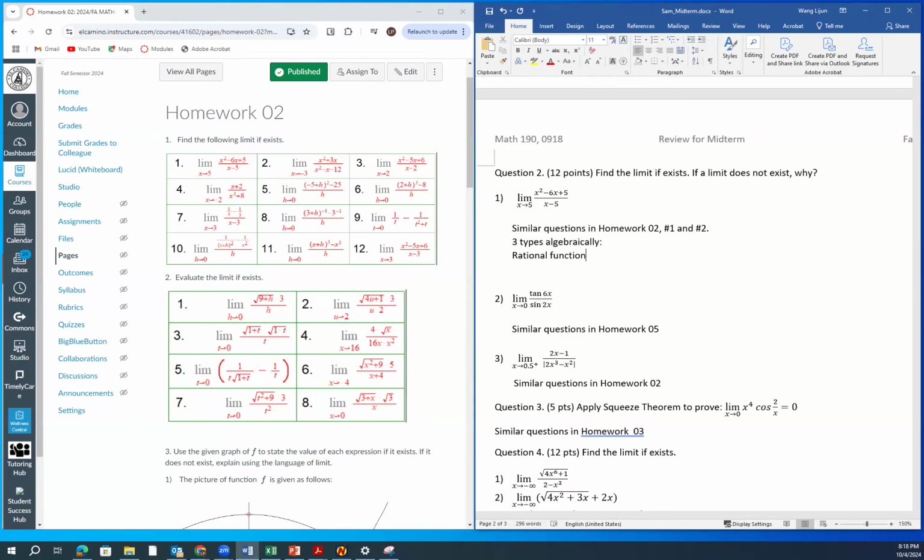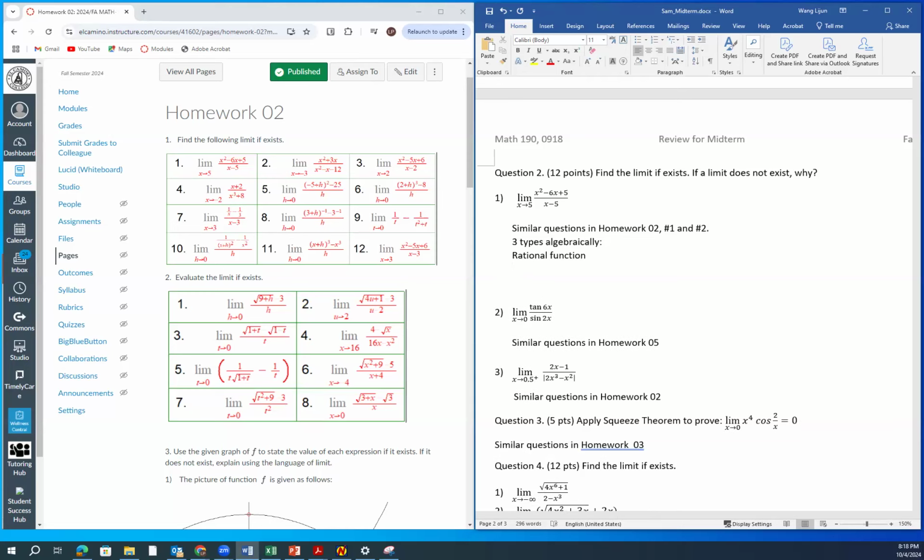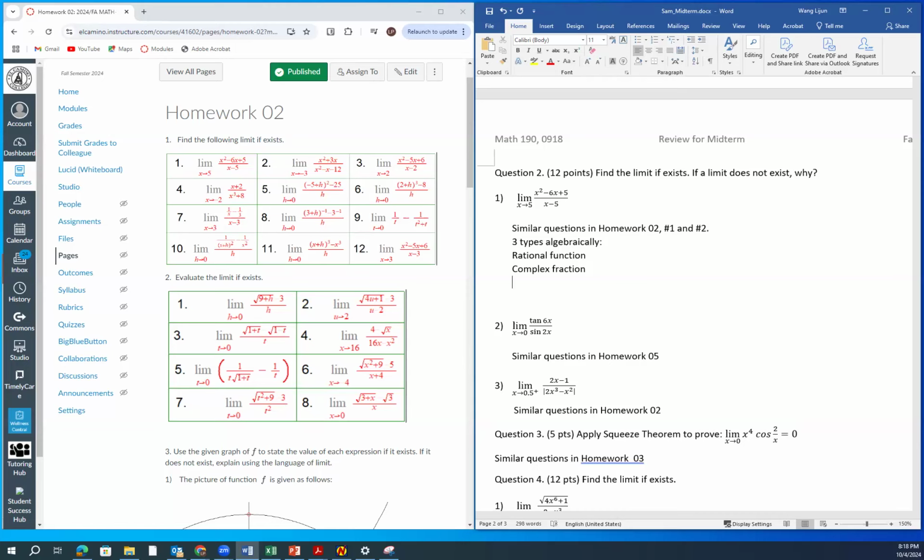The second type is the complex fraction. The third kind is the root function. So these are the 3 major types.